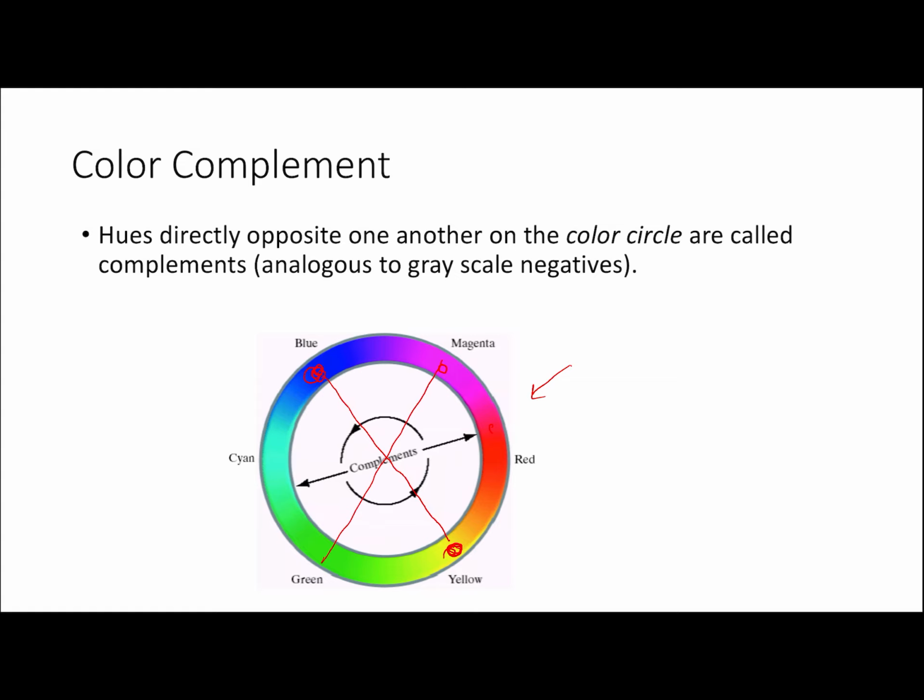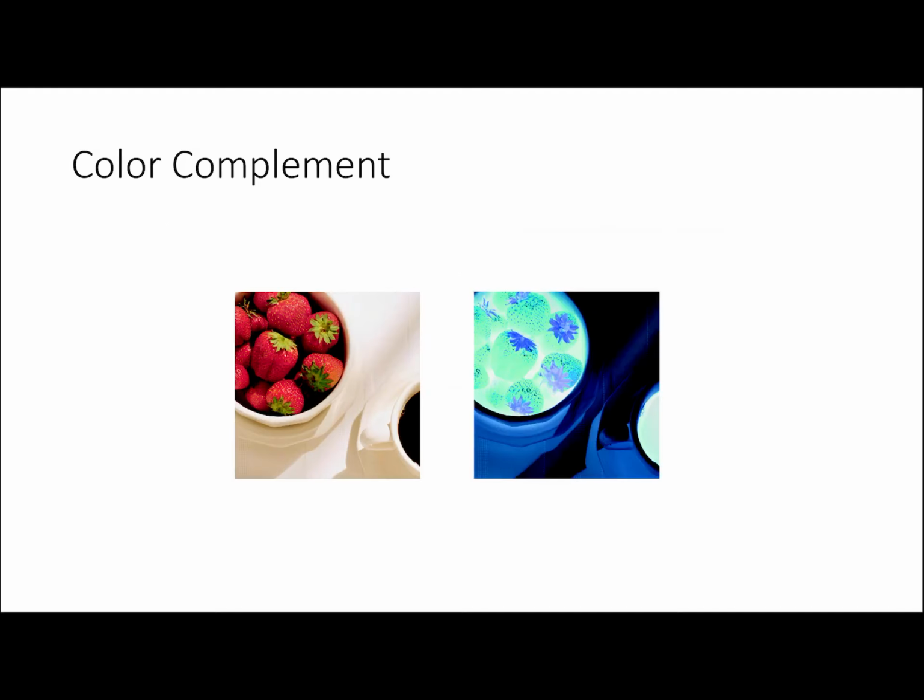Now when we talked about gray scale image processing, we also talked about the negative operation. This color complement is analogous to that gray level negative operation.